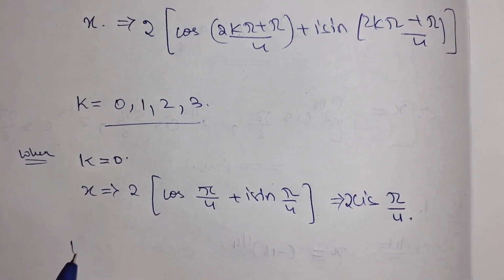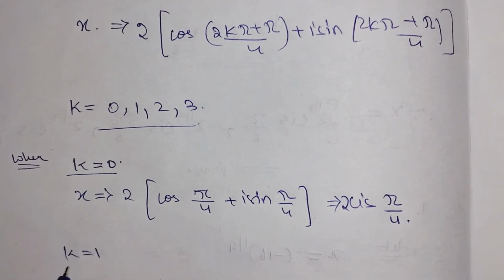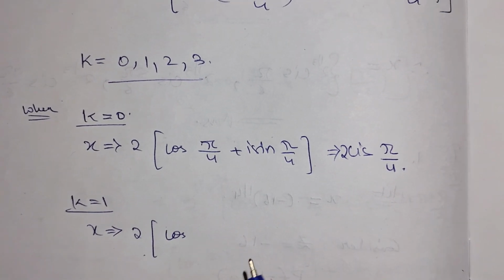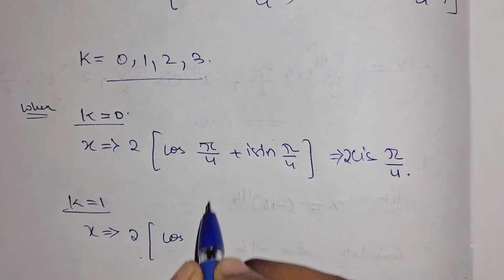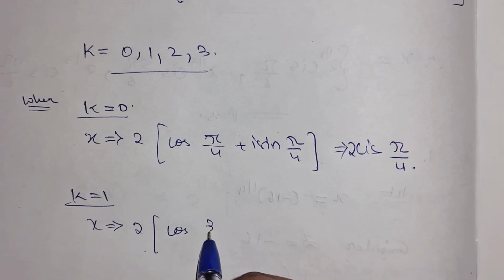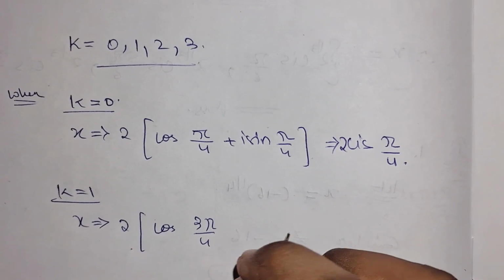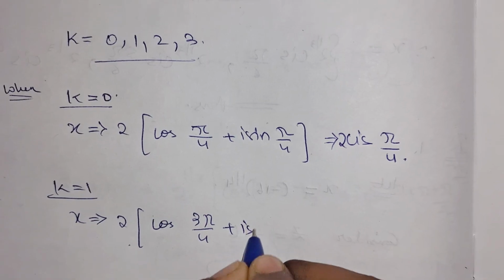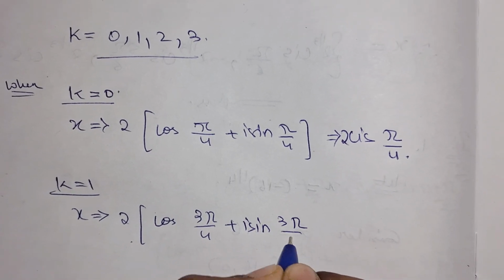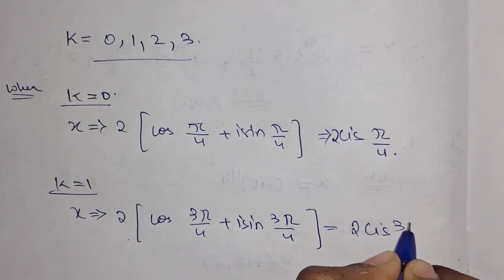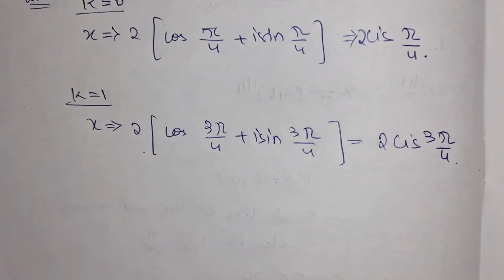Then when k is equal to 1, x will be equal to 2 cos, 2 ones are 2, so 2 pi plus pi, 3 pi by 4 you will get here, plus i sin 3 pi by 4, which is equal to 2 cis 3 pi by 4.